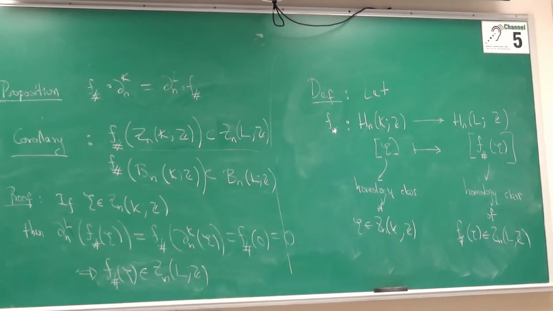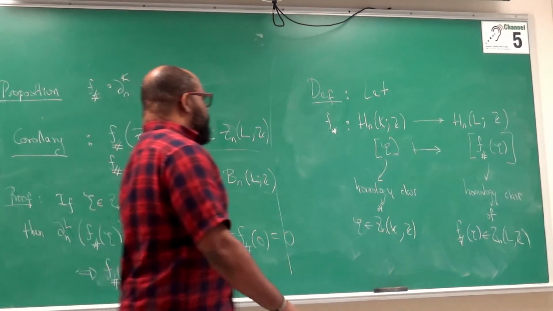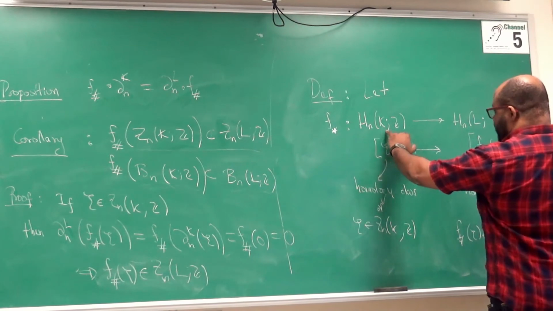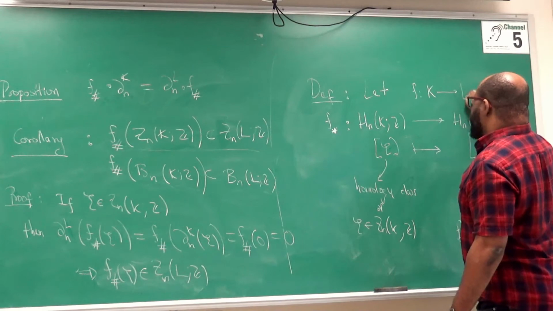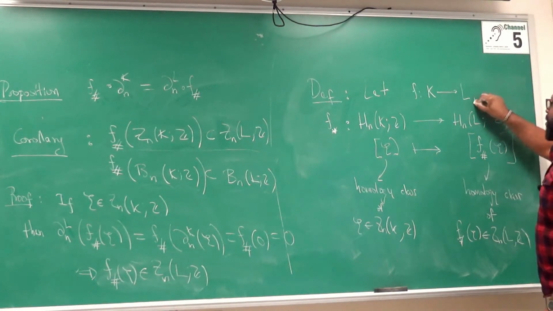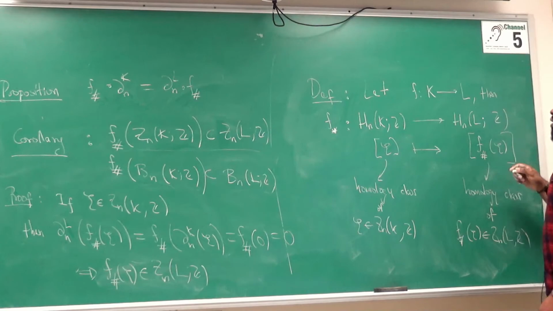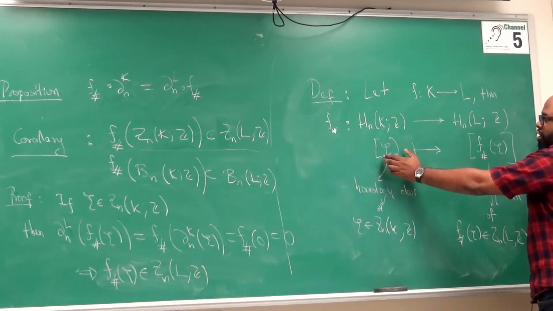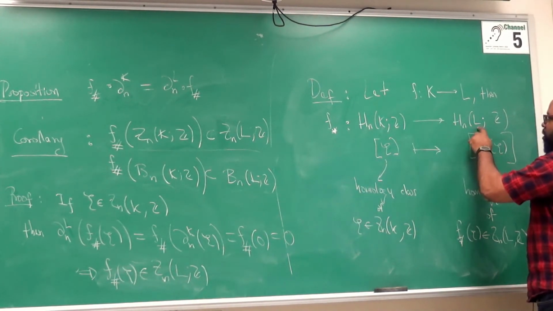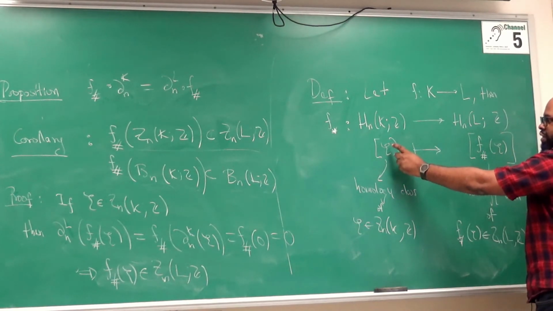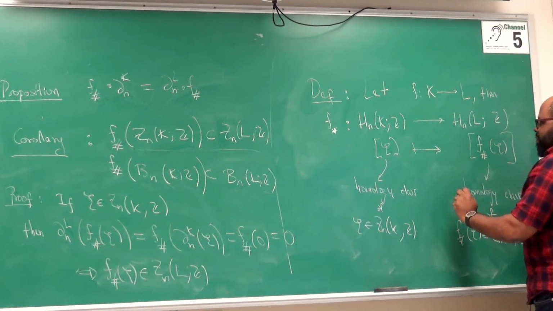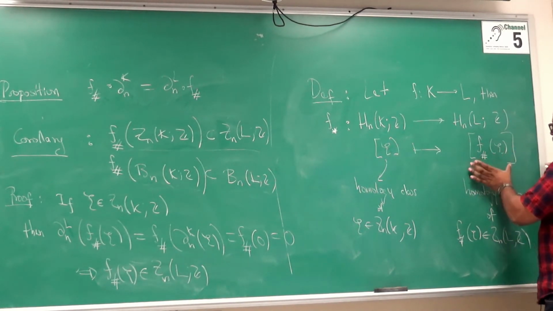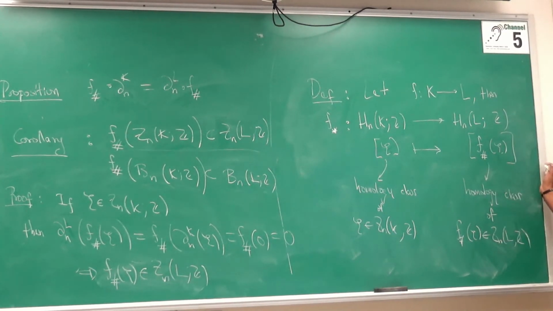So that's the recipe. How do you go from the homology of K to the homology of L? Well, you start with a simplicial map. Then F star goes from the homology of K to the homology of L. And what it does is it takes a class in here, looks for a representative zeta, then applies sharp to that representative and takes the class. So it sends a homology class in here to a homology class in here.